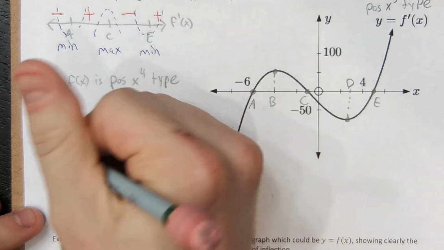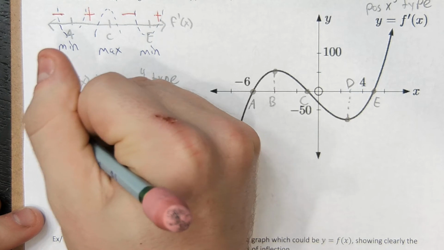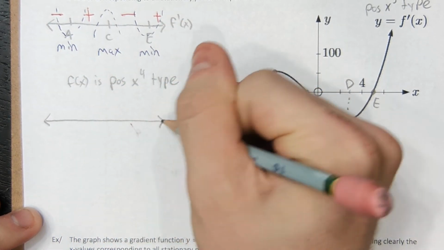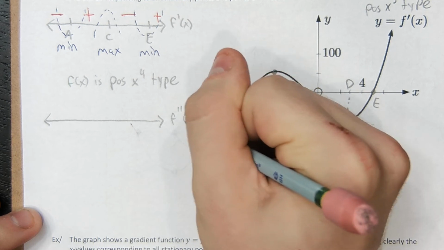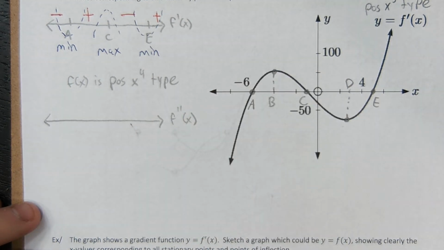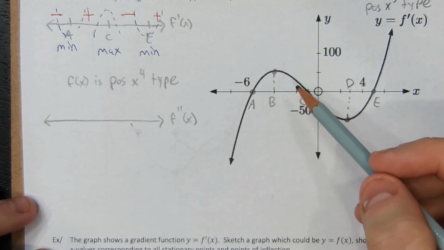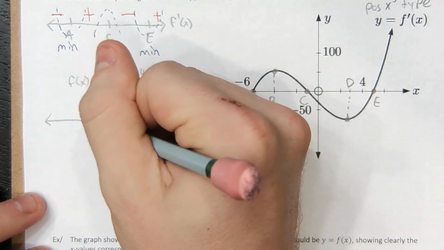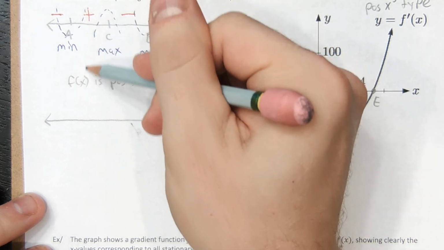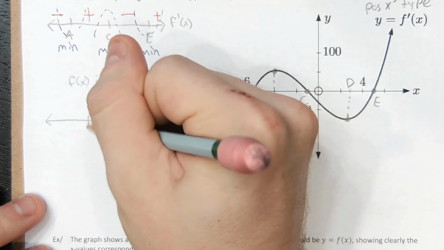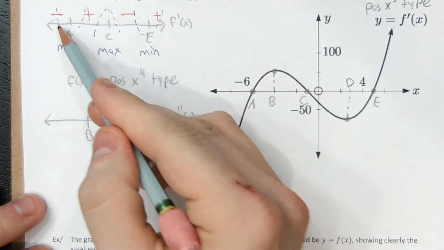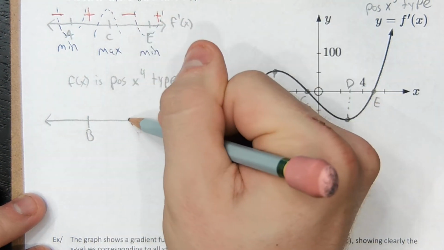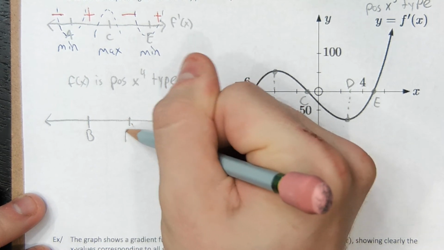So now let's draw the sign diagram for f double prime. We're not going to sketch its graph, but we will draw its sign diagram. So this one is only going to have points at B and D. And I am trying to line these up appropriately. B, which happens to be between A and C, and D, which is between C and E, like that.